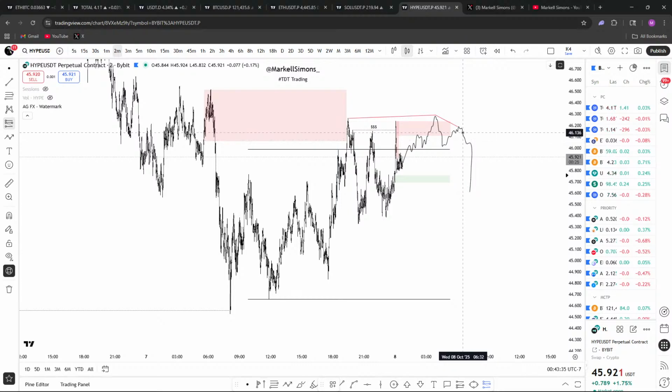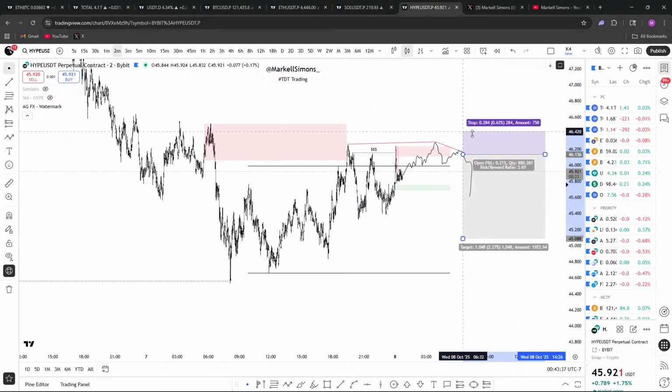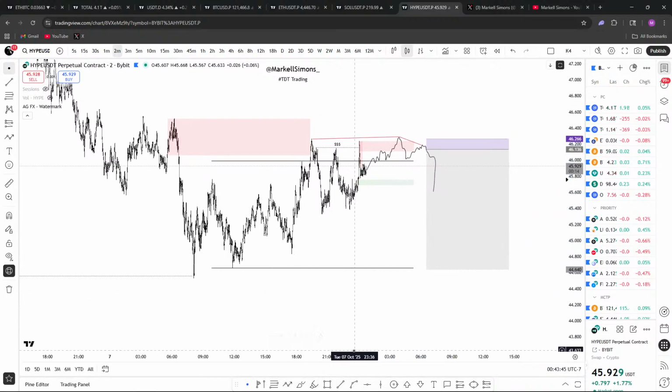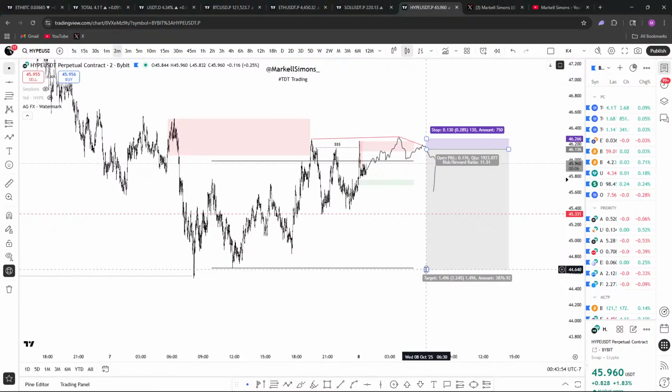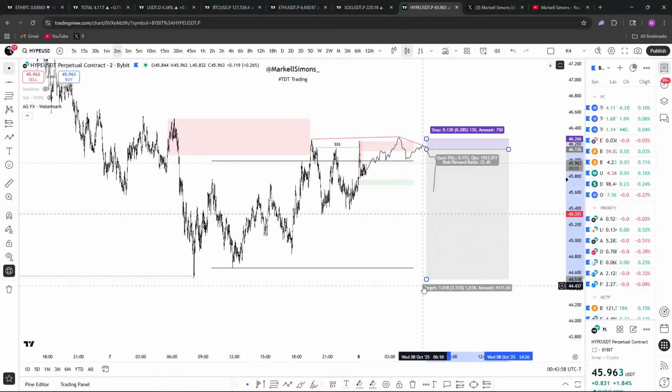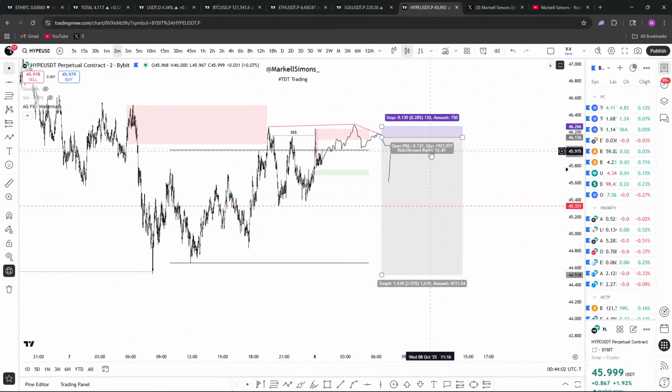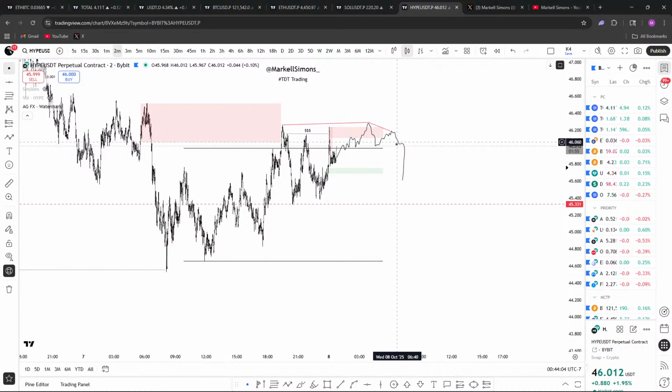You stay patient, you stay disciplined, you got your nice precise entry, very tight stop loss, and were able to de-risk your position very quickly. You increase your risk to reward because instead of targeting this range low, you extended it towards these lows. And now you've passed your 100K evaluation in one trade. That's how it works, bro.